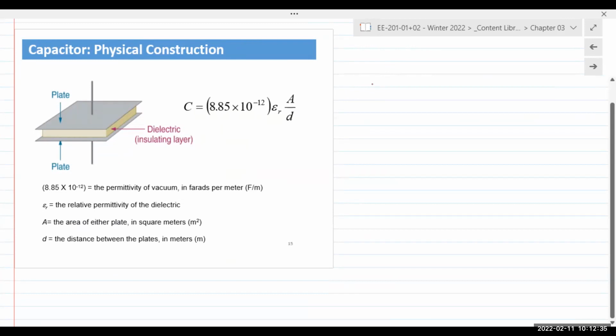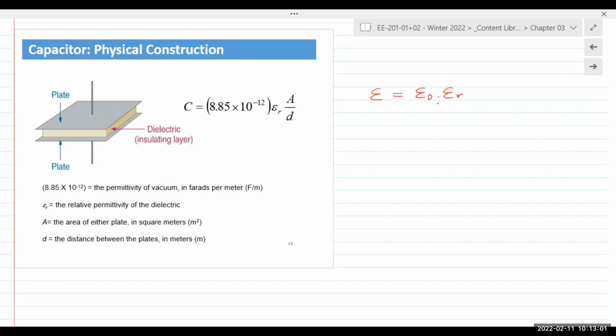And there is a constant in there, which is permittivity, noted by the Greek letter epsilon. And epsilon is given by epsilon 0 times epsilon R. Epsilon 0 is the permittivity of vacuum. Epsilon R is the relative permittivity of the insulating material with respect to vacuum. Okay, and both of them are constants.